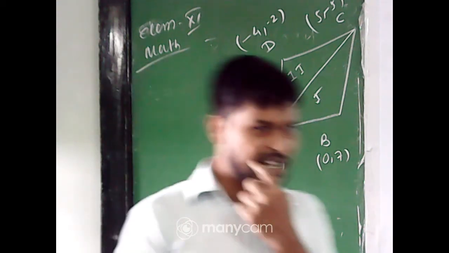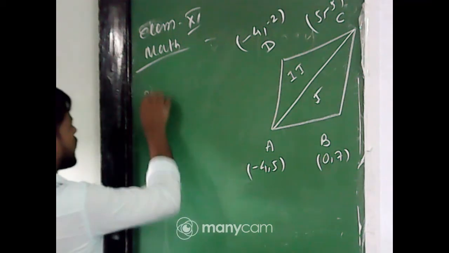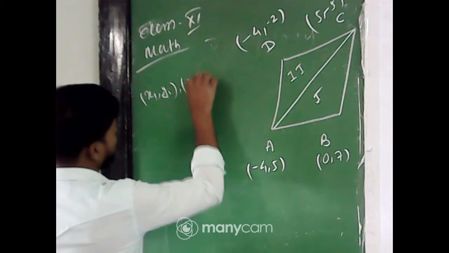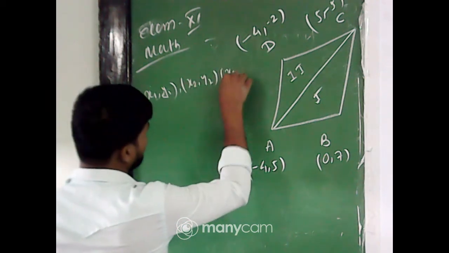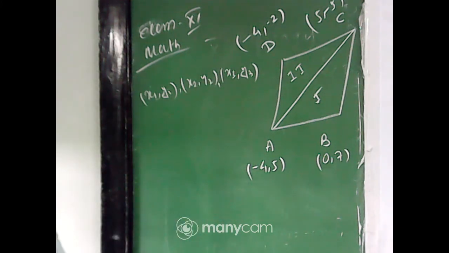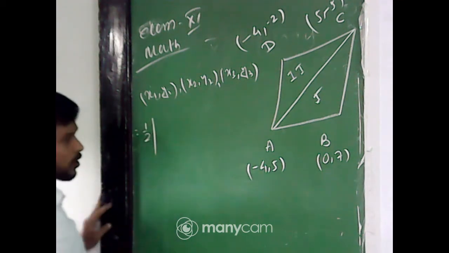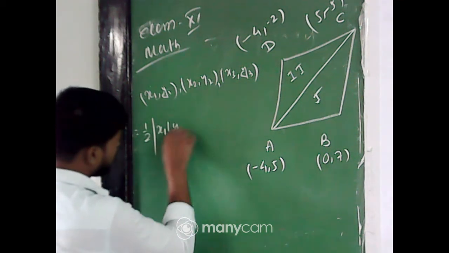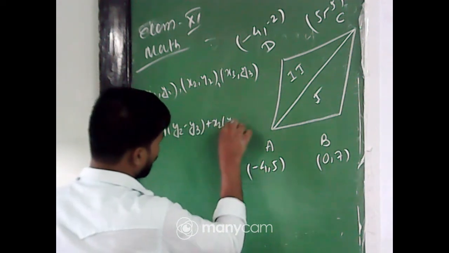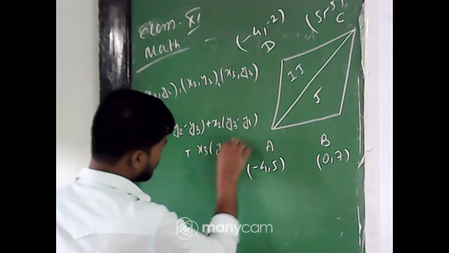Now look, in class 10 we learned a formula. If there are 3 non-collinear points (x1, y1), (x2, y2) and (x3, y3), then the area of the triangle joining these 3 points is given by half mod of x1 into (y2 minus y3) plus x2 into (y3 minus y1) plus x3 into (y1 minus y2).